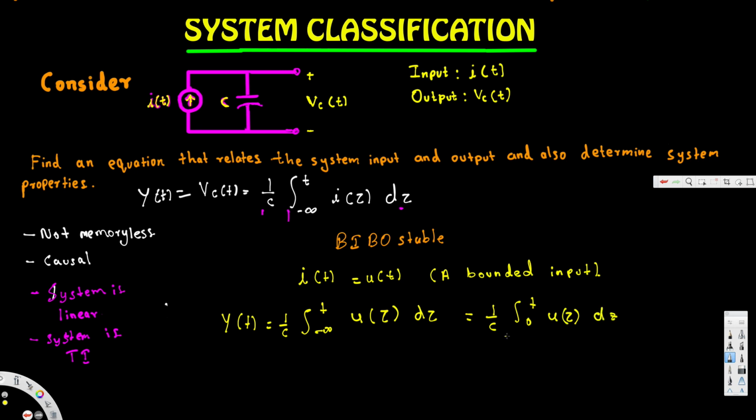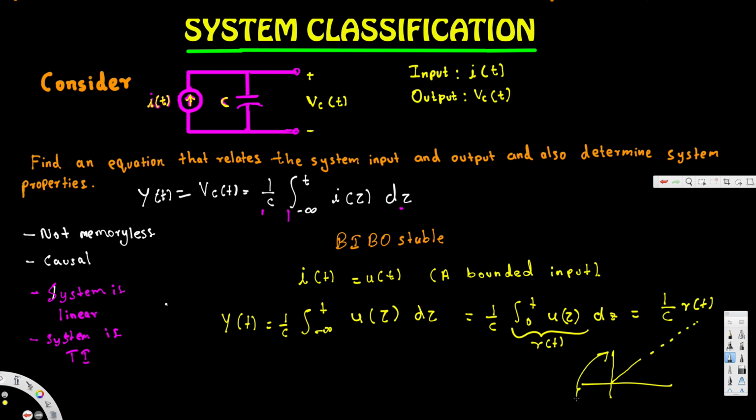If you look at this, this is a ramp function. So finally, if you do the integration, this is going to be 1 over c times r of t, because this is r of t, the ramp function. So the function is going to grow like this. As time increases, this reaches infinity, so this is not bounded.